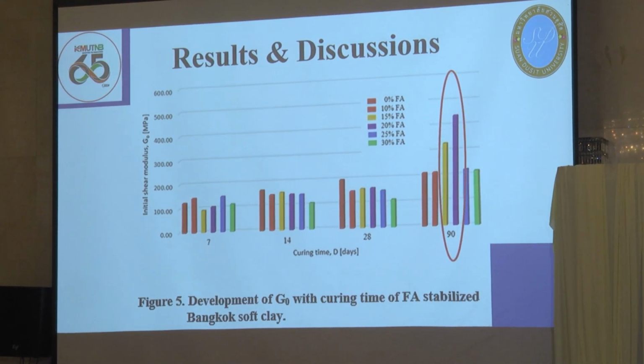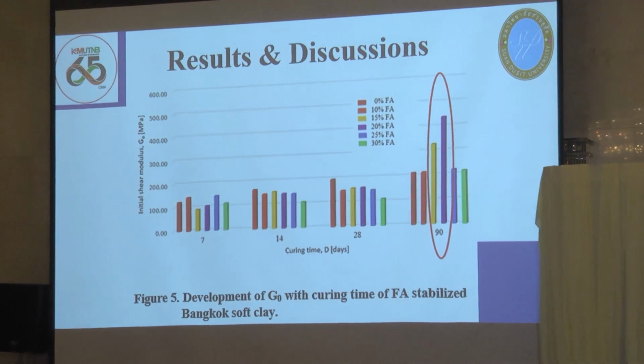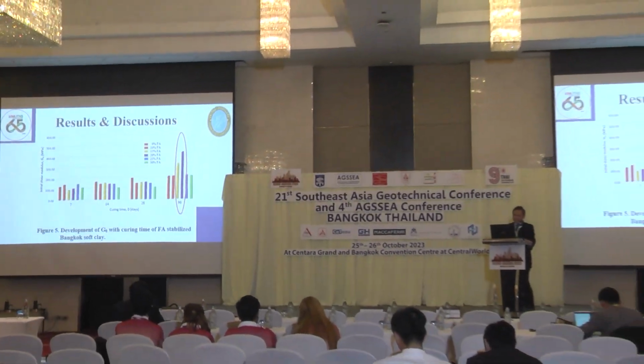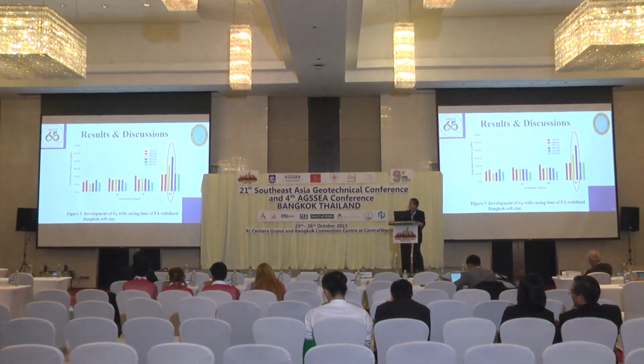Initial shear modulus versus curing time. At 90 days, 20% fly ash gives the highest modulus.